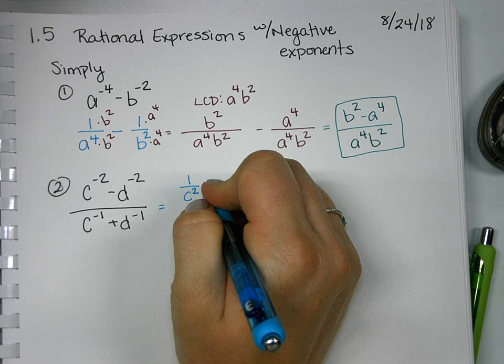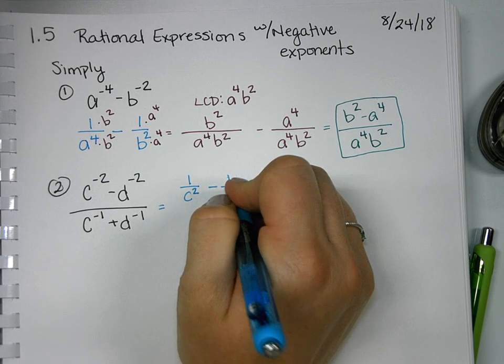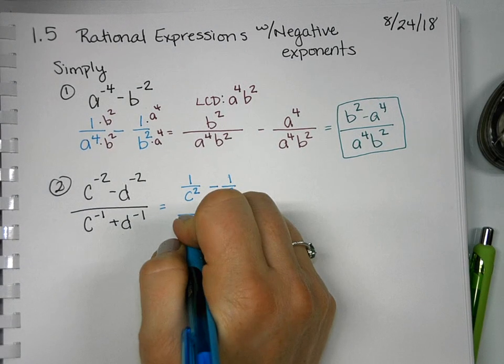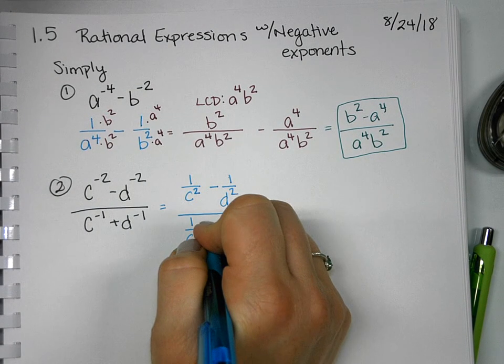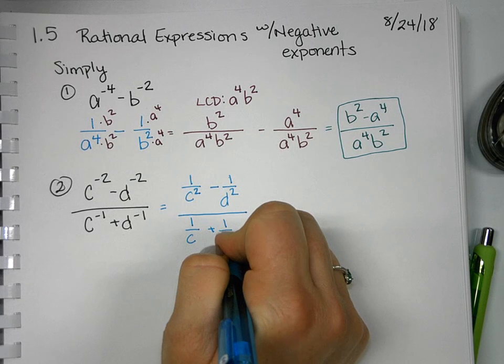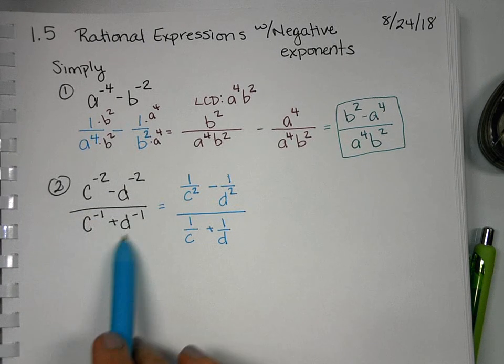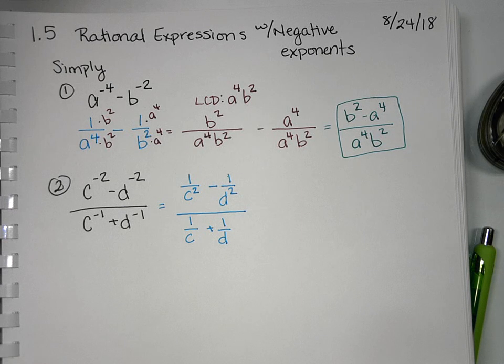D to the negative 2 will become 1 over d squared. Over, and then in the denominator we'll get 1 over c plus 1 over d. The only time we can move the entire expression down is if it was in parentheses with a negative on the outside. So because we don't have that, we have to do each one individually.